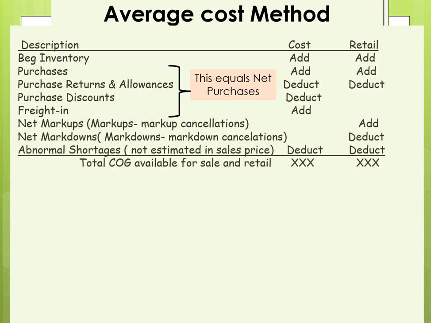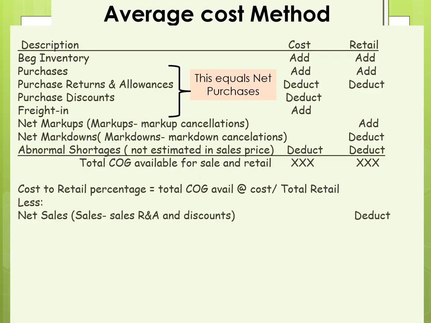Now we have what we're going to use to come up with our retail percentage. We've got the total cost of goods available for sale at cost and at retail. We take the total at cost and the total at retail, and that gives us our retail percentage.